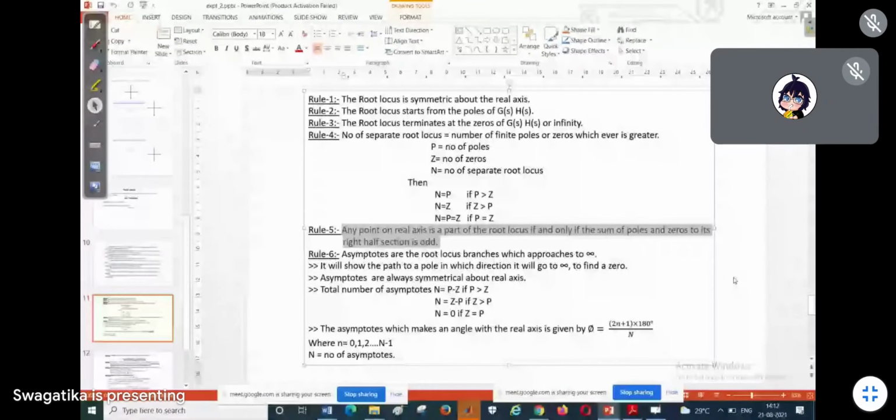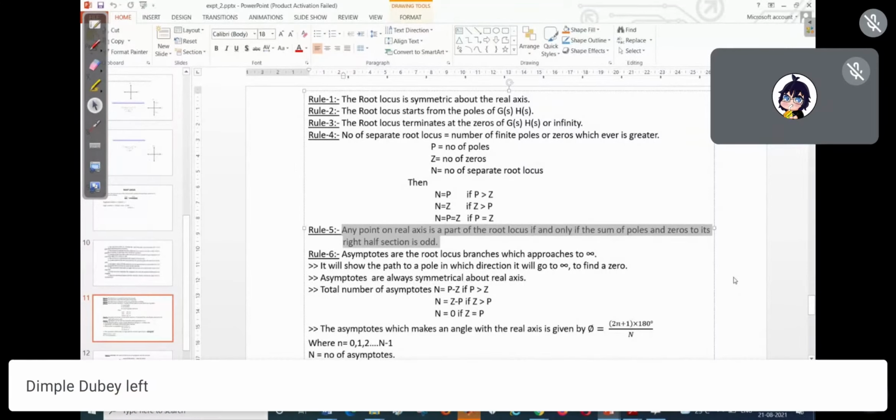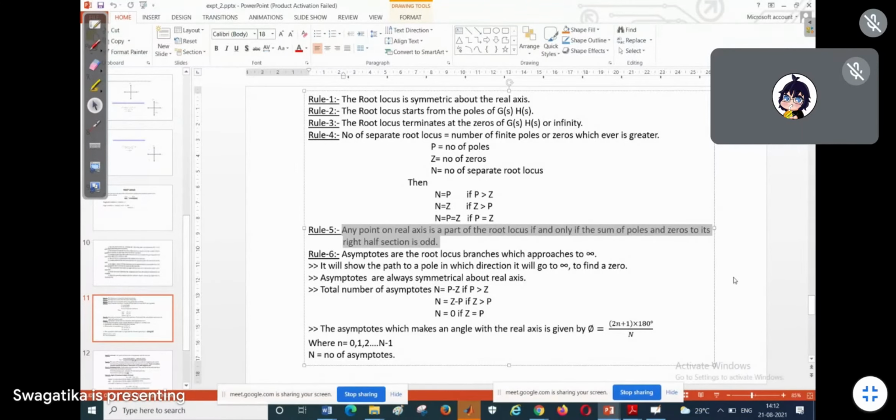So first pole is at 0. Next is minus 6. On the real axis, 2 poles are there, right? 0 and minus 6. So in between 0 to minus 6, that portion is involved in the root locus, yes or no? Yes, madam.